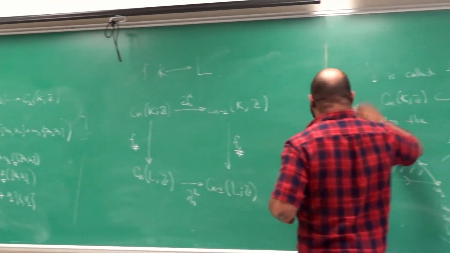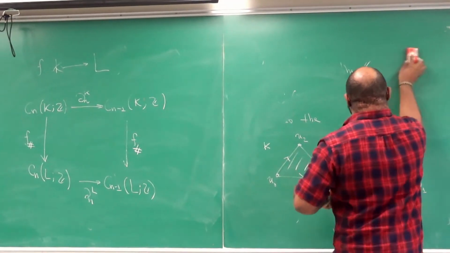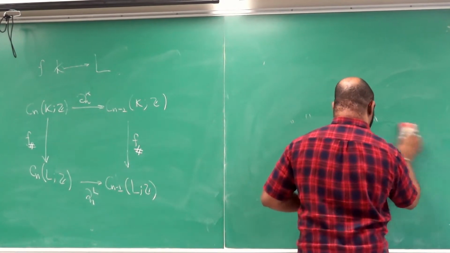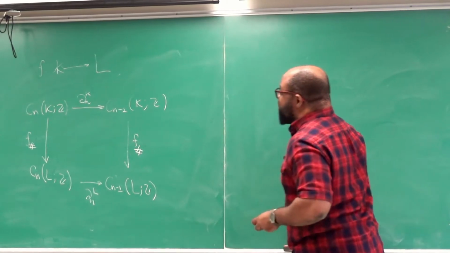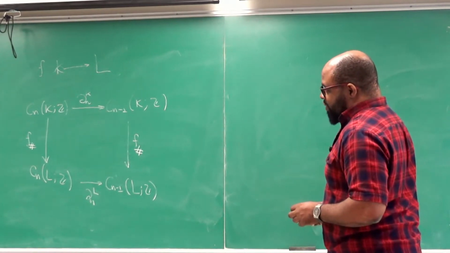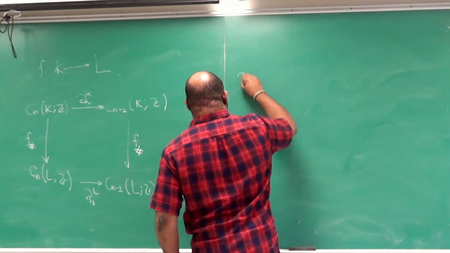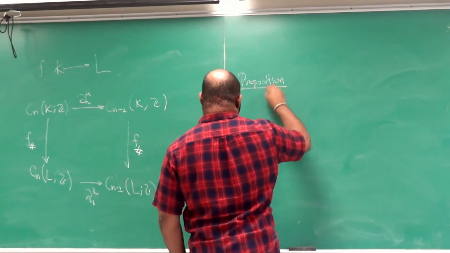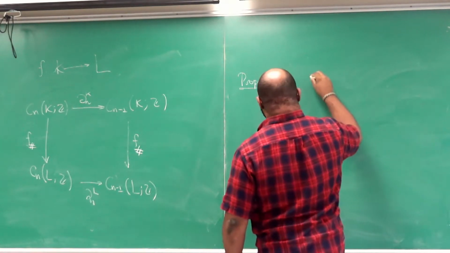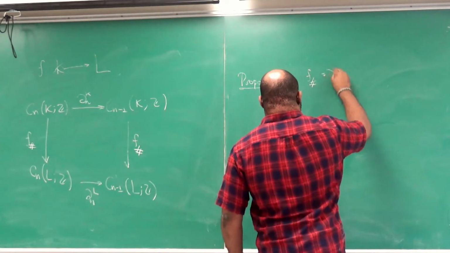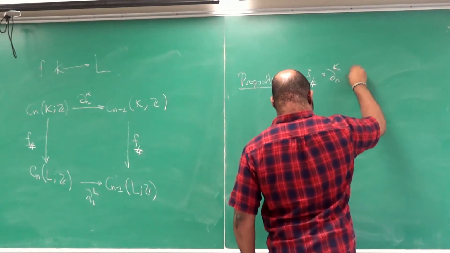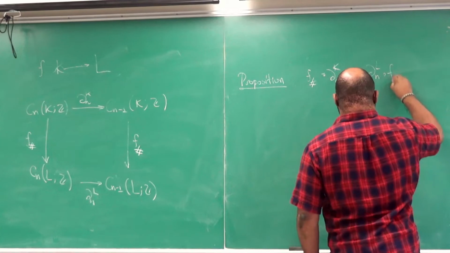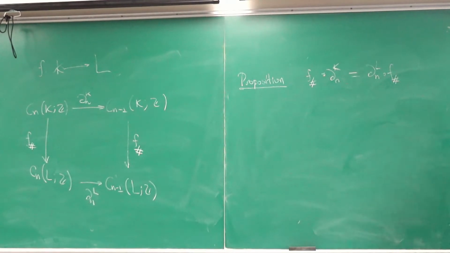And what is in fact the case is that the diagram is commutative. In other words, if you do F sharp of delta and K, that is exactly the same as doing delta and L of F sharp. We'll see in a moment why this is important.